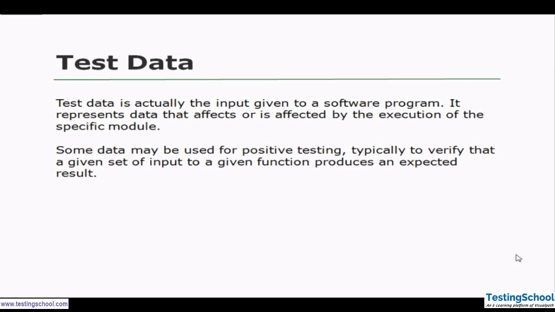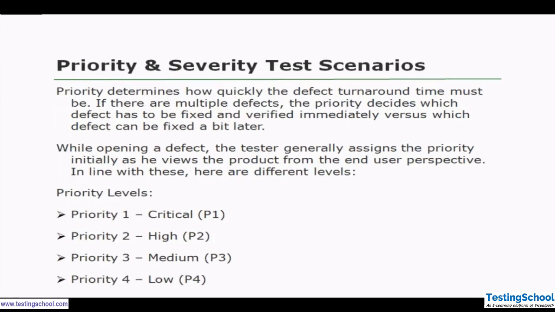So in this section we have seen several criteria of testing, like test data, test beds, test cases, test scenarios. Now let's see what is priority and what is severity in testing. Priority determines how quickly the defect is fixed by the development team. Let's say we have multiple defects with multiple priorities in multiple modules.